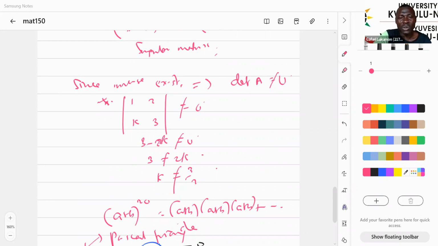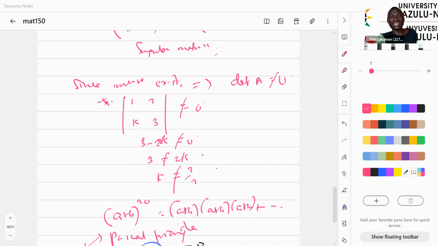We must not stop where I stopped. It has to continue. I'm referring to this question: find the value of k such that A has an inverse. Had it been that it has no inverse, it would have been easier. We know the determinant is going to be 0. But now we are asked to find the inverse of k, so you still have another matrix.